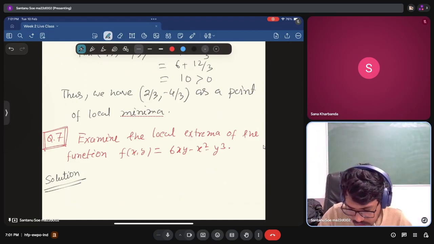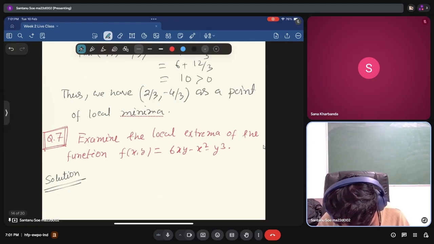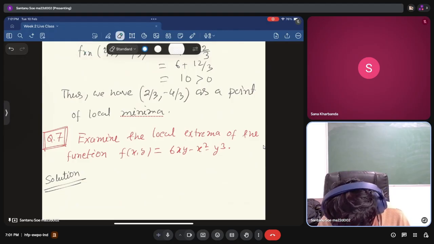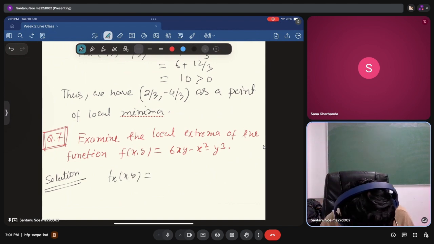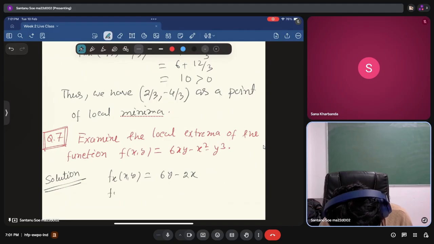Okay, so we're gonna follow the similar procedure that we have done just earlier. First we'll be computing the partial derivative with respect to x. So this will be 6 times y minus 2 times x. Similarly, fy of (x, y) will be 6x minus 3y square.